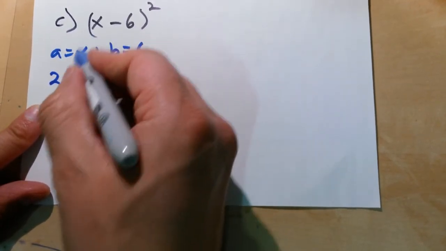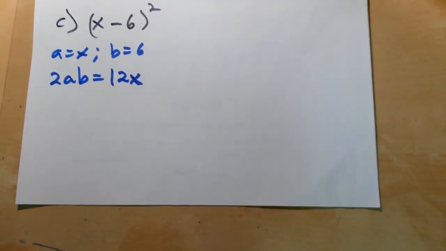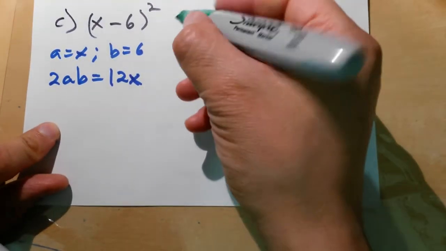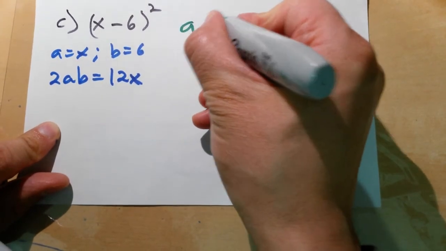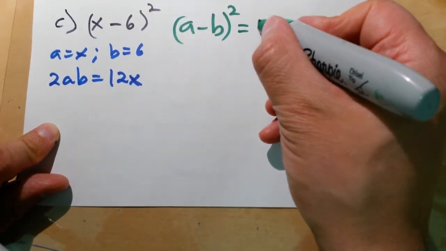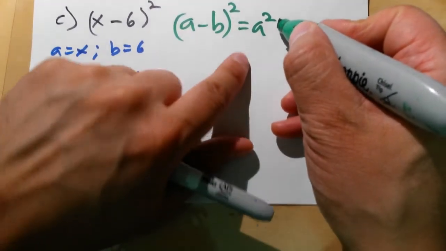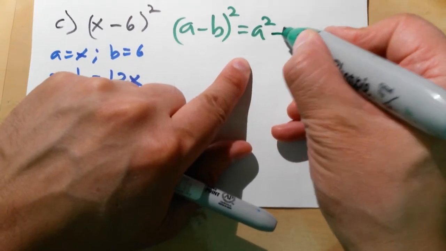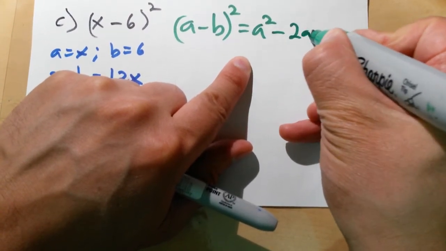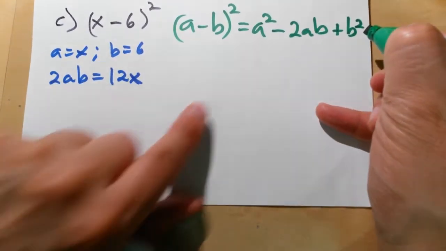Then all we have to do is apply the pattern. Let's write it here as a reference: (A - B) squared equals A squared, and because there's a minus, we put minus 2AB plus B squared.